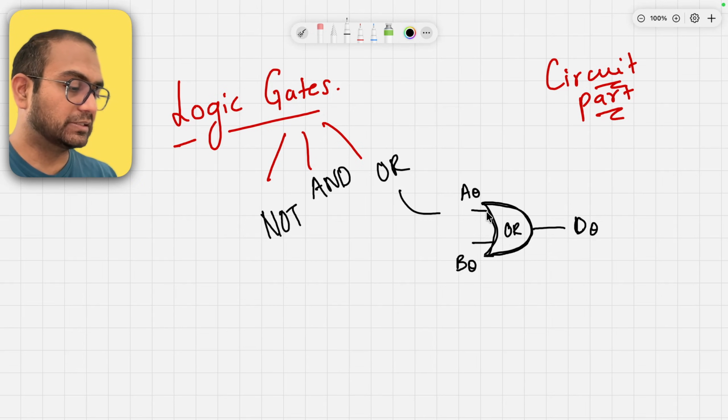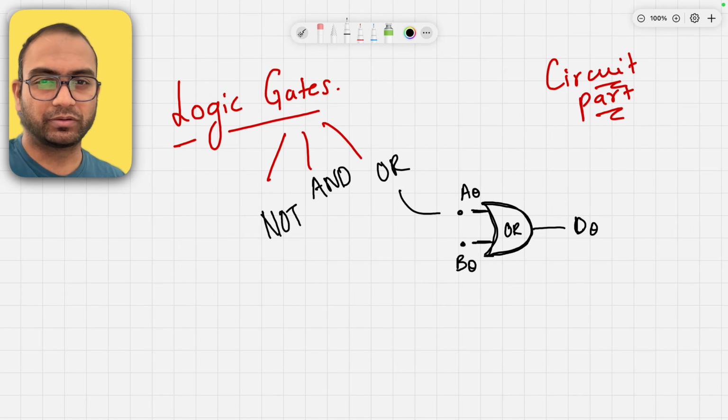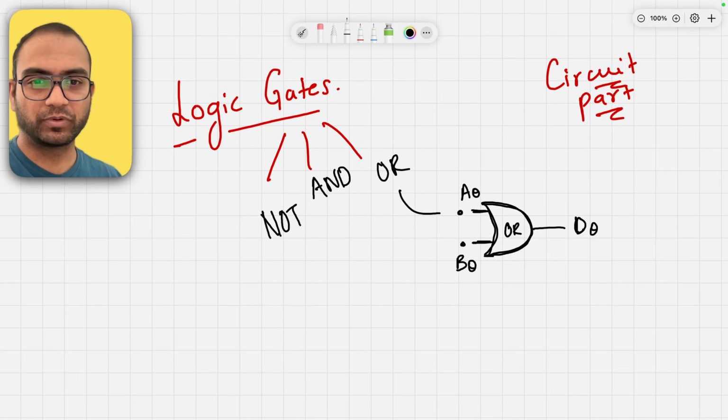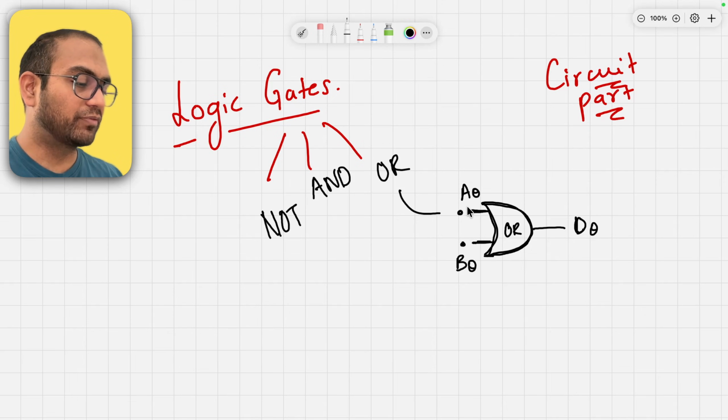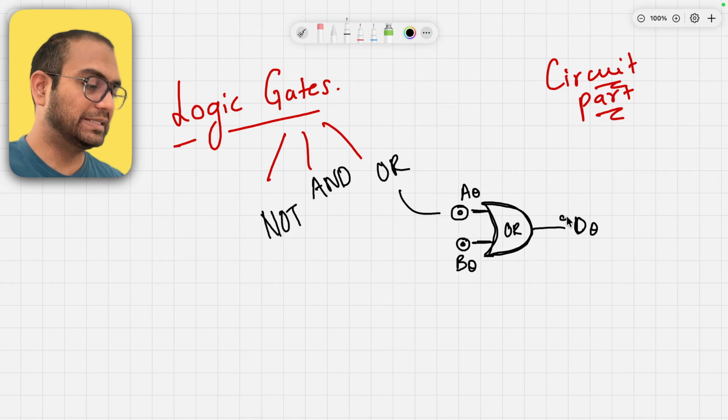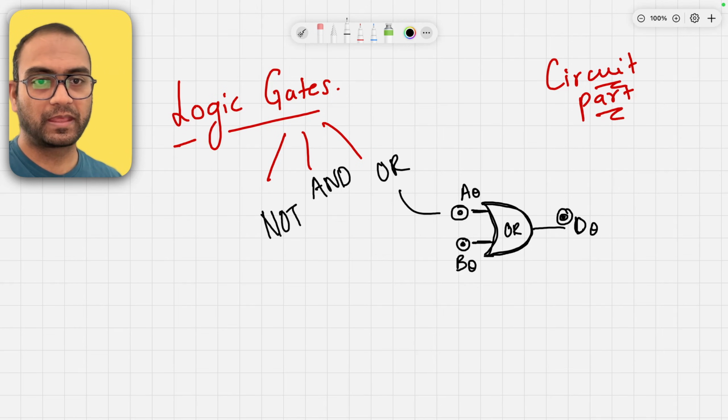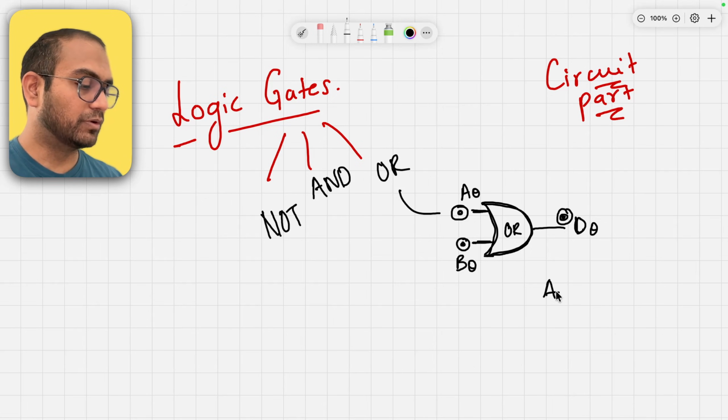The idea is that we have to talk about the presence or absence of an input. If A0 is available, or B0 is available, D0 will be available. We write it like so, and this is called the truth table.